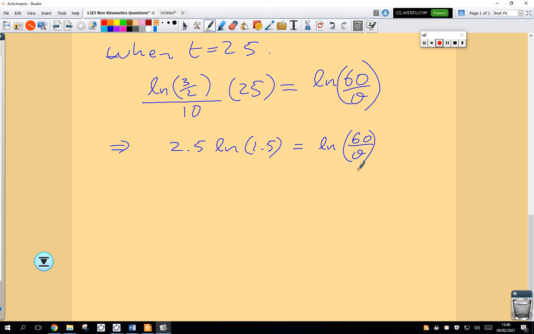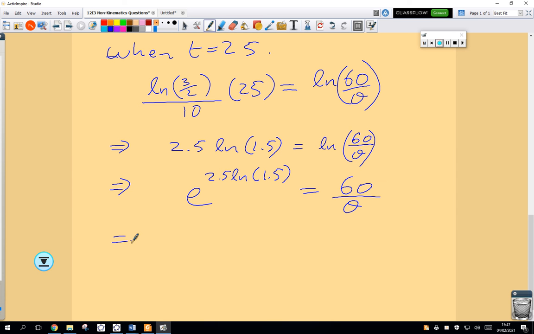Remember, natural log is a log base e. Okay, so this thing on the left, 2.5 times the natural log of 1.5, is the exponent to which e is raised in order to get 60 over theta. Being able to convert that logarithmic equation into this exponential equation is really important.